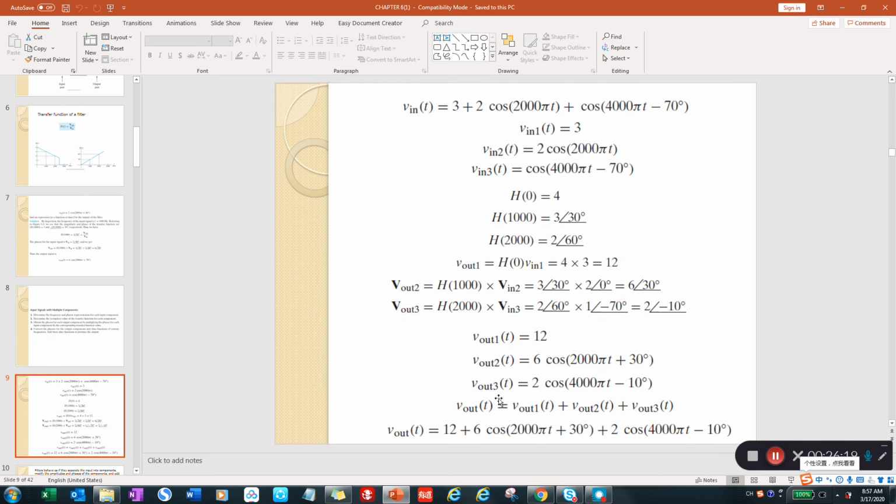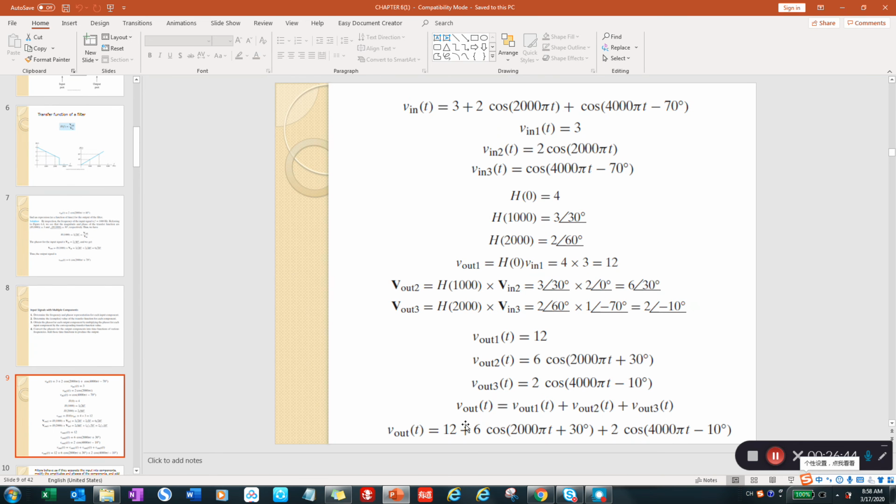Then the same thing for the third component. It will be 2 cosine 4000 pi t minus 10 degrees. The amplitude and the phase angle changed, but the frequency won't change. However, the change of the amplitude and the phase angle will be based on their frequency.